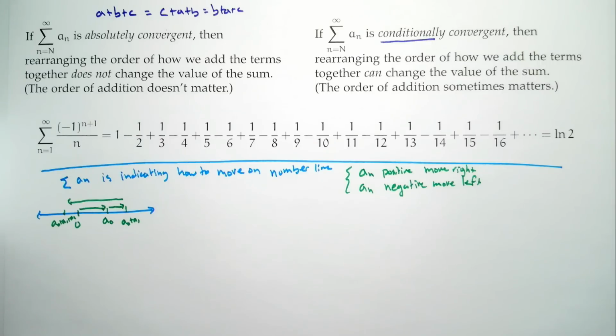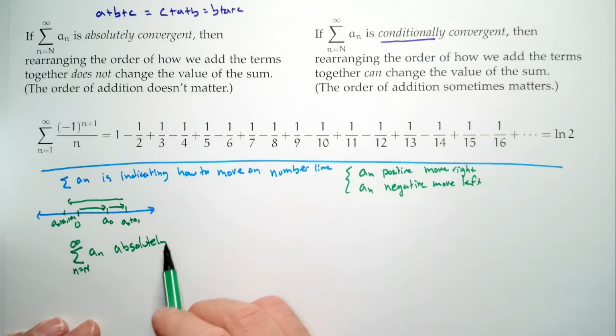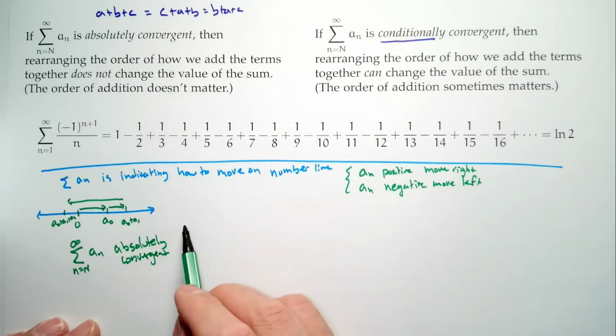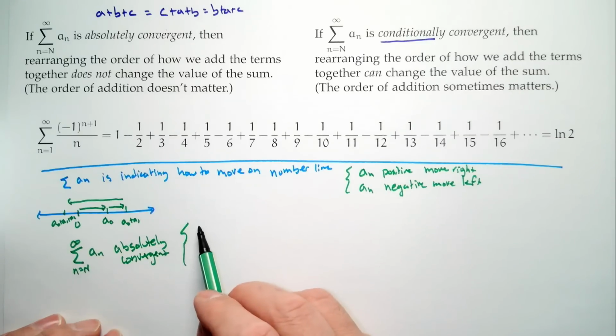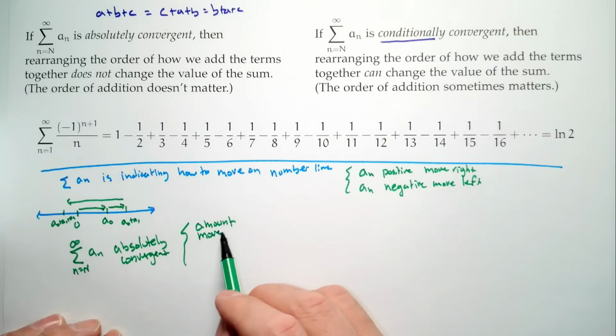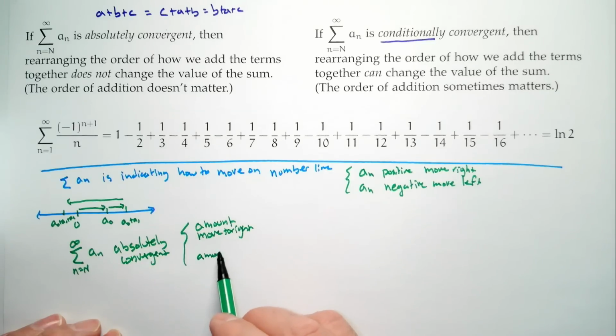Now, here's the interesting part. If I have a sum of a sub n, and it's absolutely convergent, I can think about what's happening as saying, okay, the amount we move to the right and the amount we move to the left.